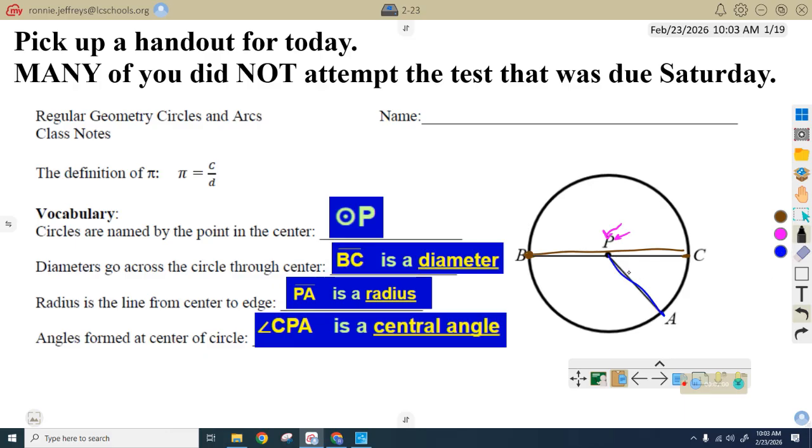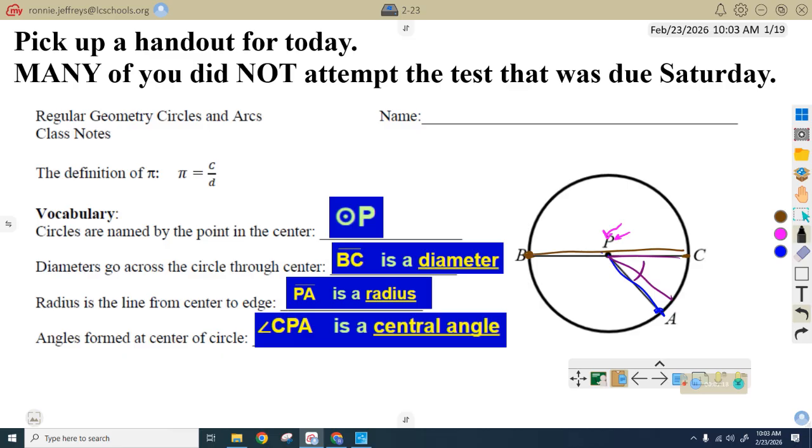PA is the radius. It goes from the center to the edge. And then we have angle CPA, which is this right here. It's called a central angle because it's formed at the center.